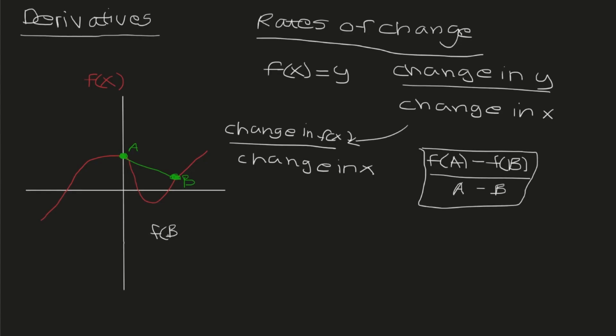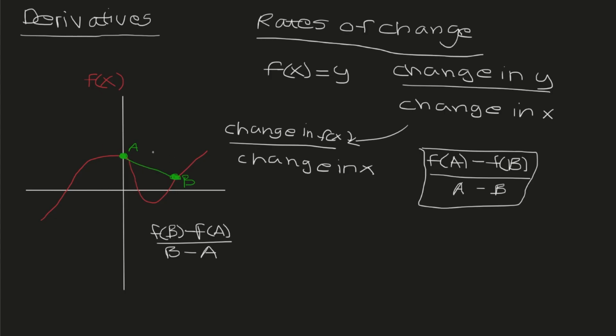That'll be f of B minus f of A over B minus A. Great. Now, that's all well and good, but that doesn't really represent the average rate of change of the function as a whole, because this line doesn't really correspond to this polynomial because it's linear and the polynomial is a curve.